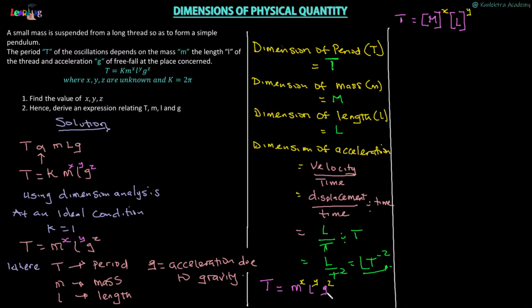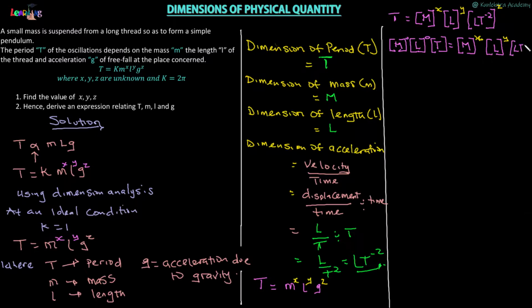The last one, the dimension of acceleration due to gravity is LT⁻², which you slot in as (LT⁻²) raised to power z. So we have the dimension of T equal to the dimension of M^x, the dimension of L^y, and the dimension of (LT⁻²)^z.